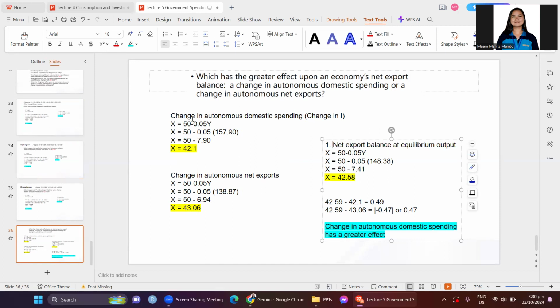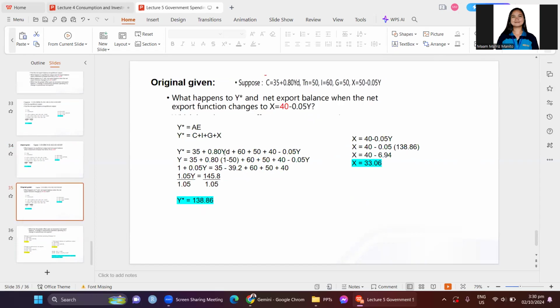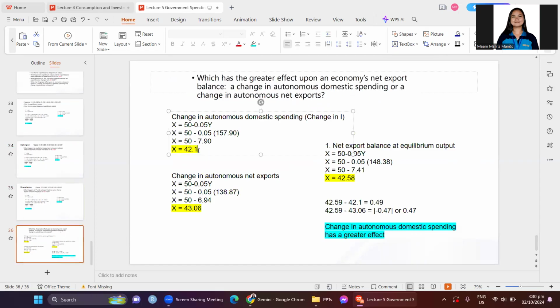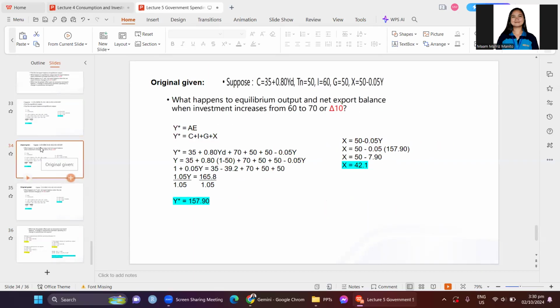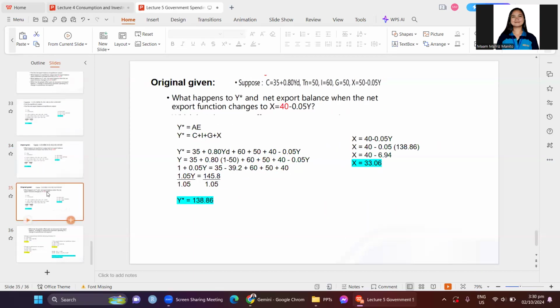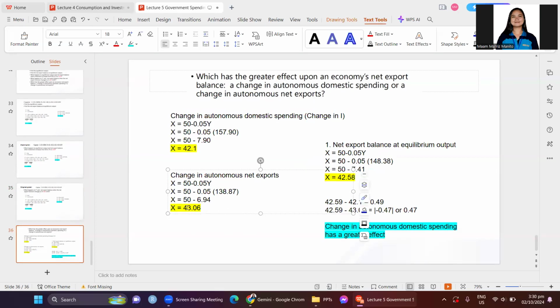And then the next one, if there's a change in domestic spending or change in investment from 60 to 70, it is 42.1. And then if there's a change in the net export function, 33.06.